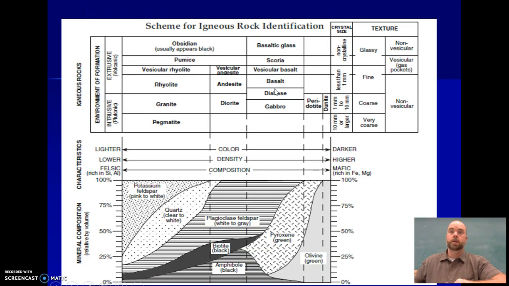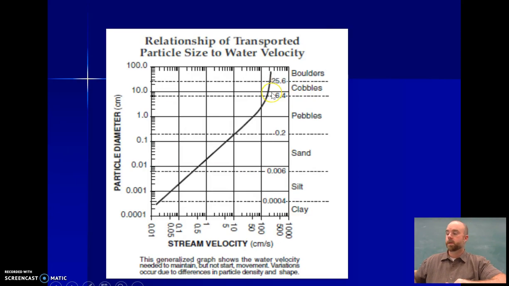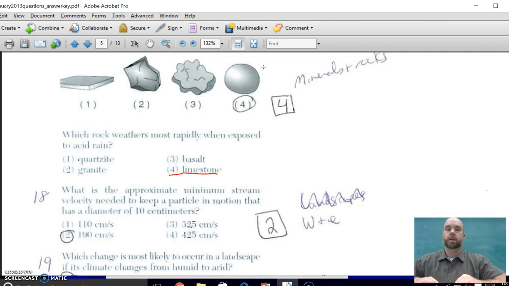There you go. We go across, and then you try to go up. So it's a little less than 200. We go over to the question, we would pick 190.